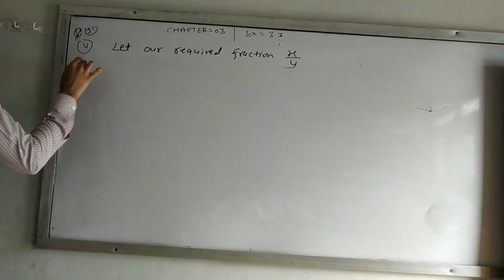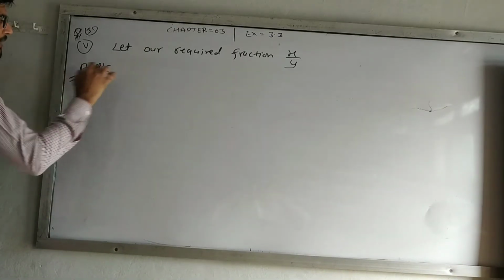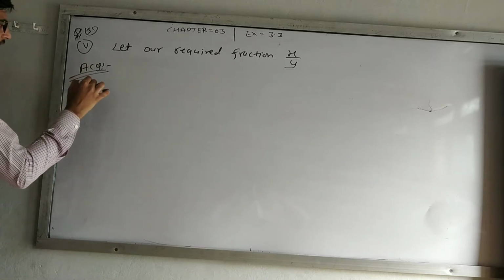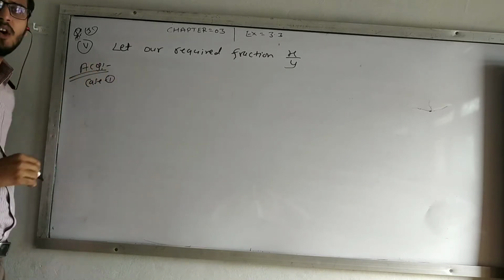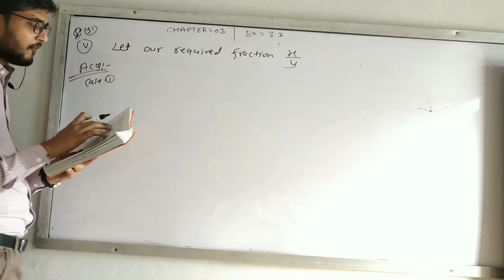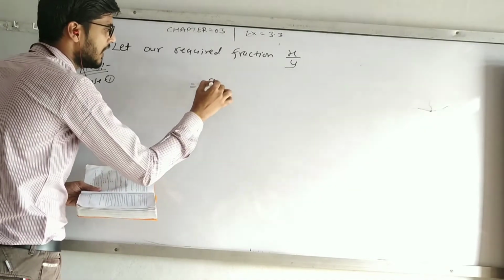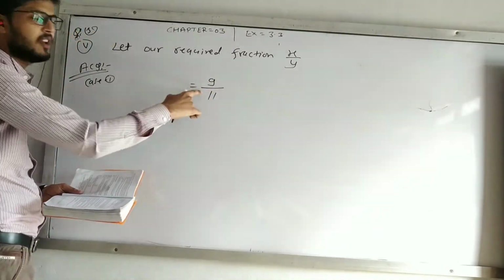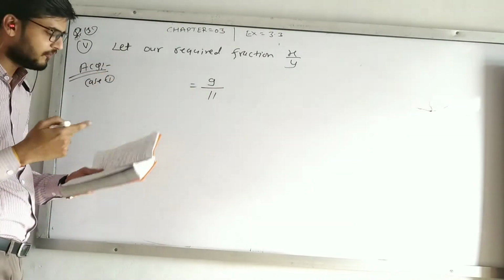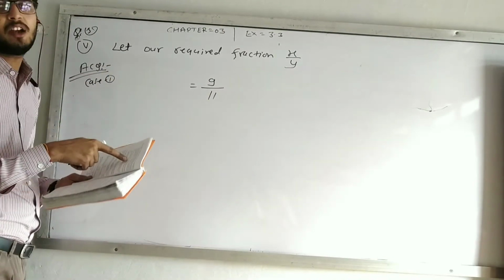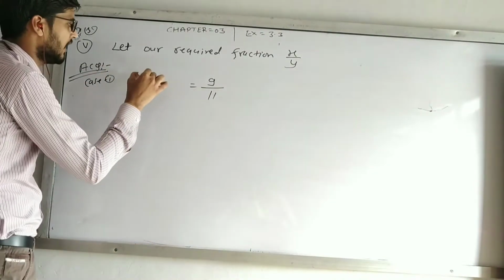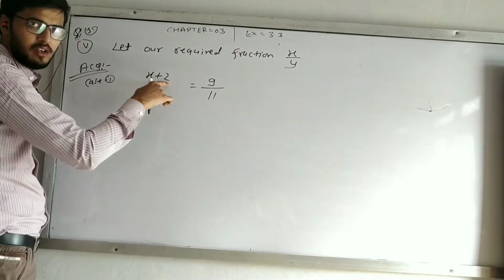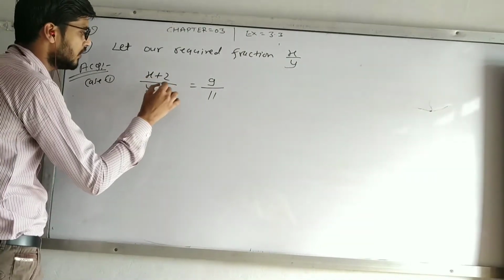Then according to the question, ACQ, it means according to question. Now case 1: a fraction becomes 9 upon 11 if 2 is added to both the numerator and denominator. It means we add 2 in the numerator and also 2 in the denominator.